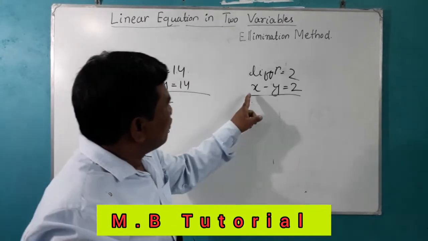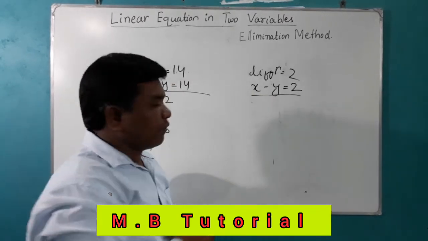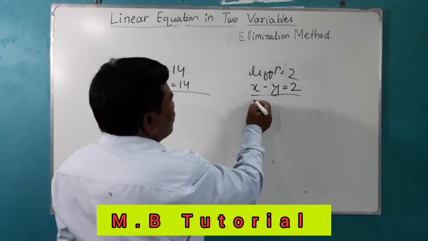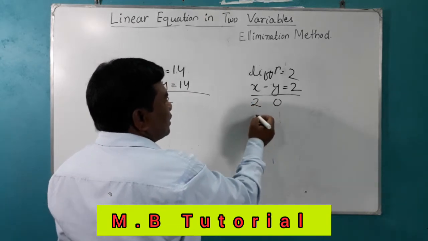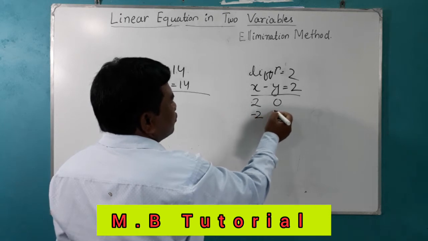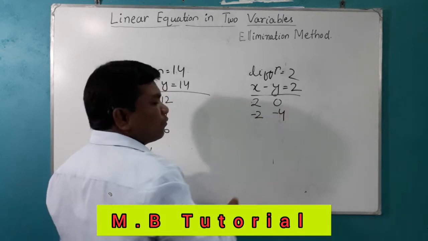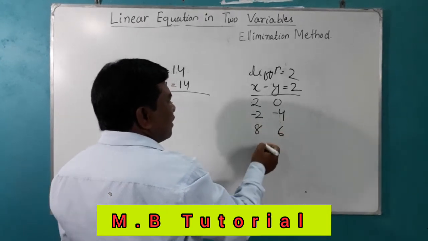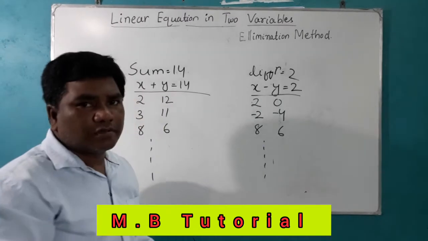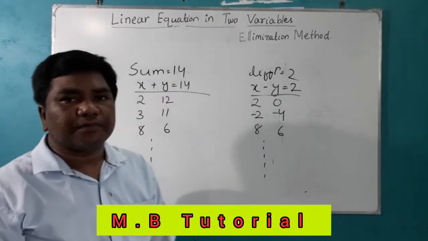Now what are the values of x and y? It may be 2 or 0, it may be minus 2, it may be minus 4, it may be 8, 6. So many values we can write.